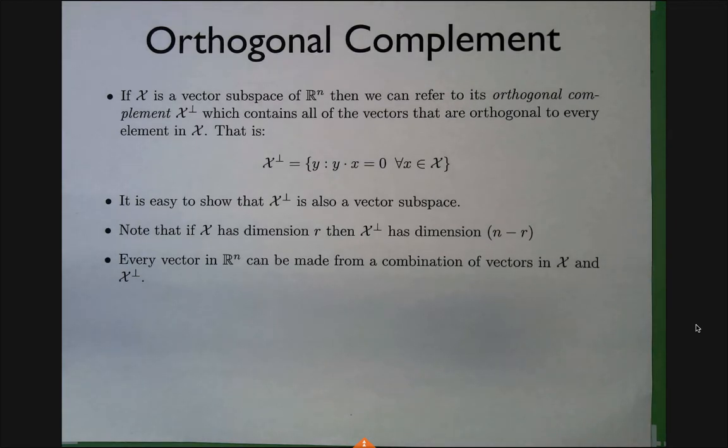If I have subspace S1, subspace S2, and they are orthogonal, what does it mean? Something really simple, right? If I pick any vector from the first one, and any vector from the second one, then their dot product is 0. That's exactly correct.